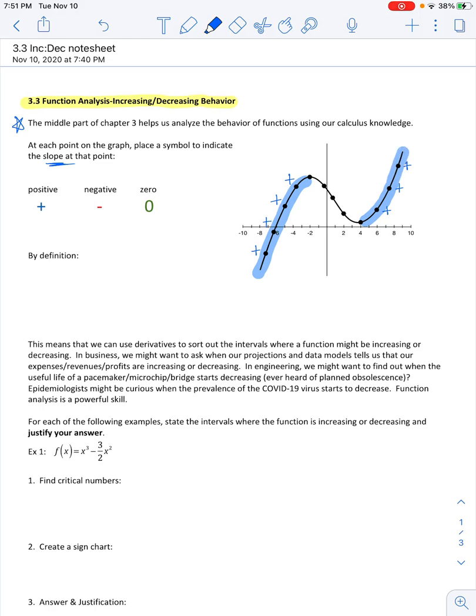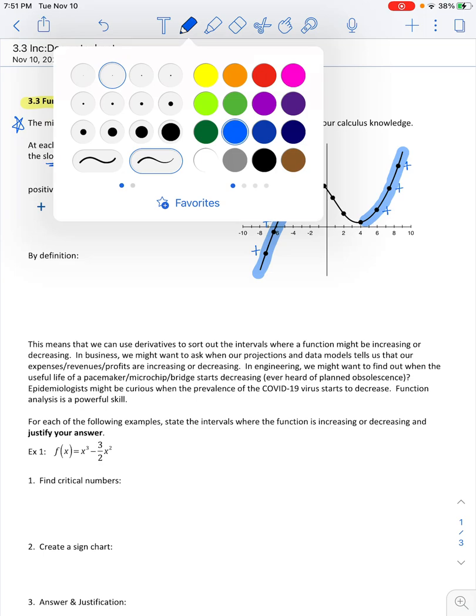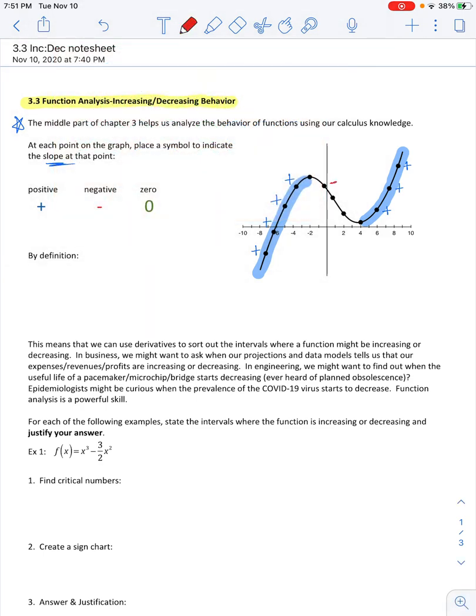In between, we have 3 little minus signs, a minus, a minus, a minus. And of course, our graph along that stretch is decreasing, meaning it's heading lower and lower and lower on the y-axis.